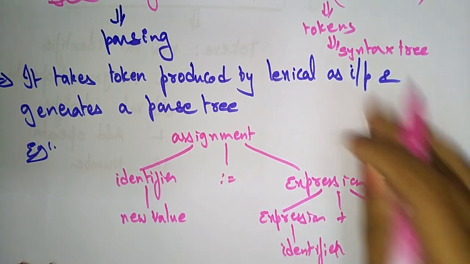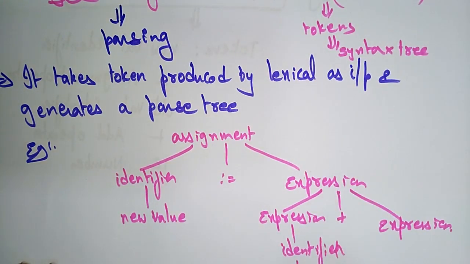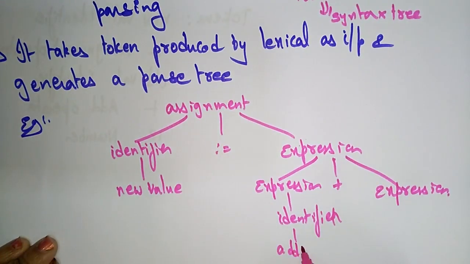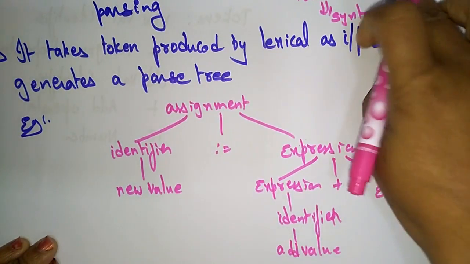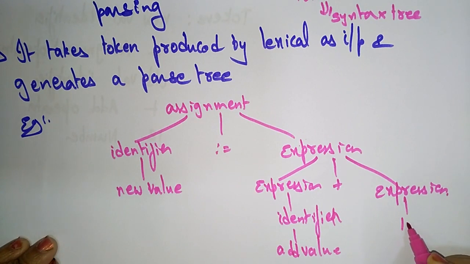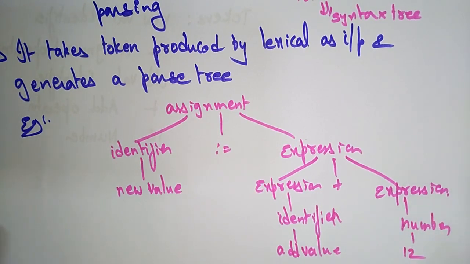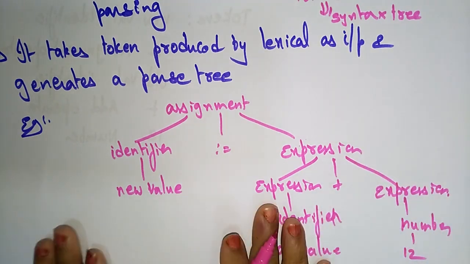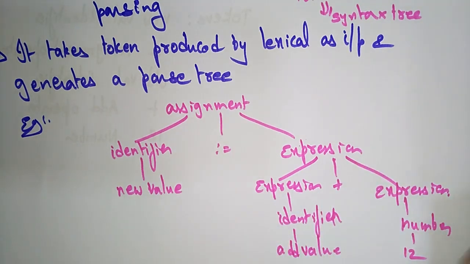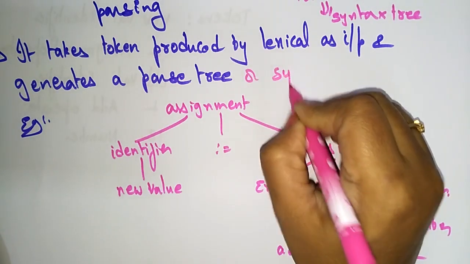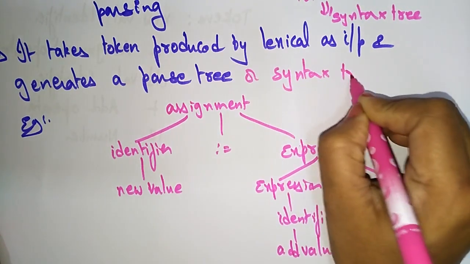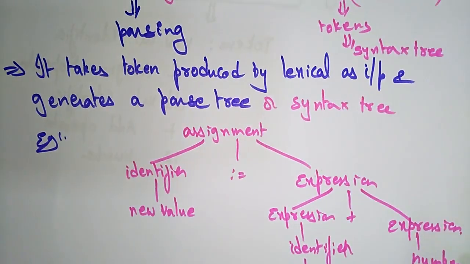What identifier is it? Add value. And here this is number 12. So this is a parse tree. Whatever tokens are produced by the lexical analyzer as input, it generates a parse tree, or we call it a syntax tree. So this is phase 2 in the compilation process.